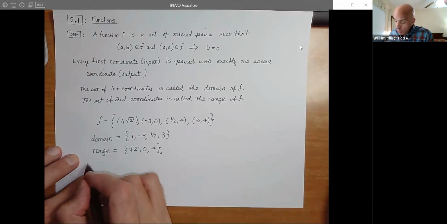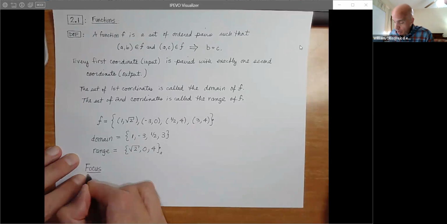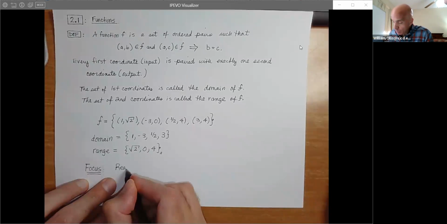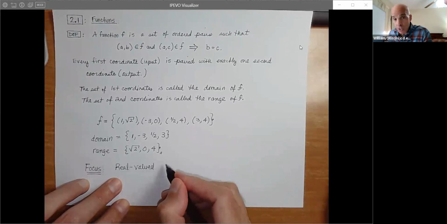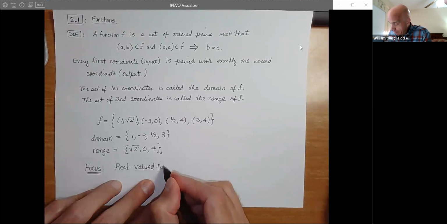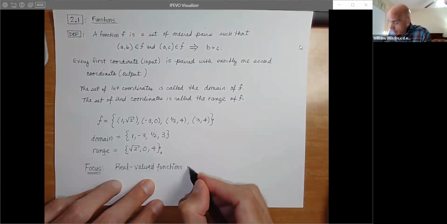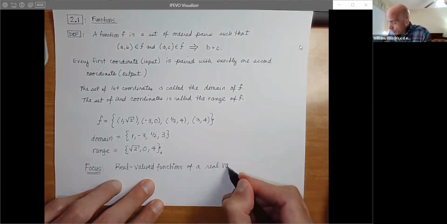So here is the focus for this class and what you've been doing all along. We will have real valued functions of a real variable.